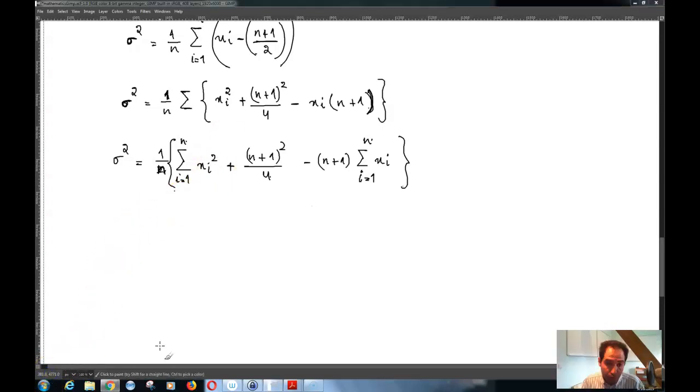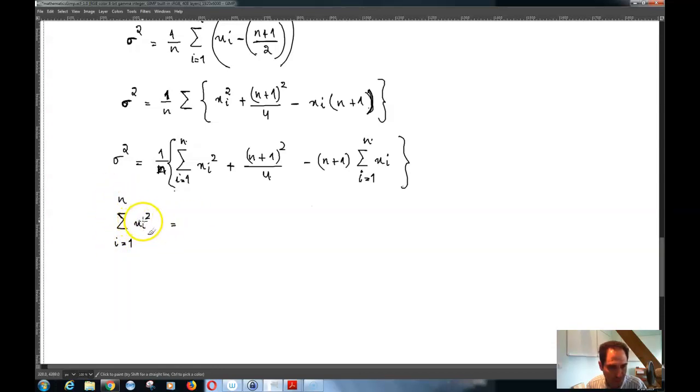Okay, so now in order to calculate these two things, for example, if you want to calculate sigma of x of i squared as i goes from 1 to n, what that means is that you have x of i squared, meaning that i starts from 1 and goes all the way up to n.